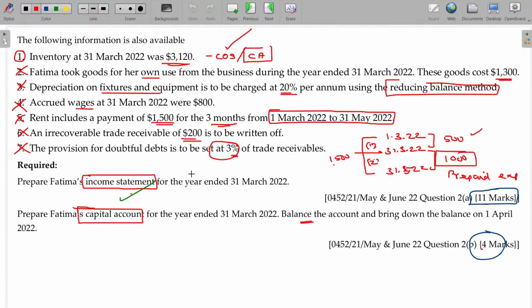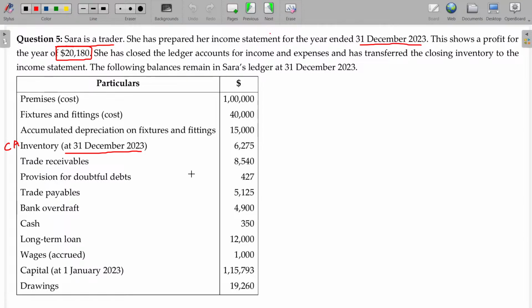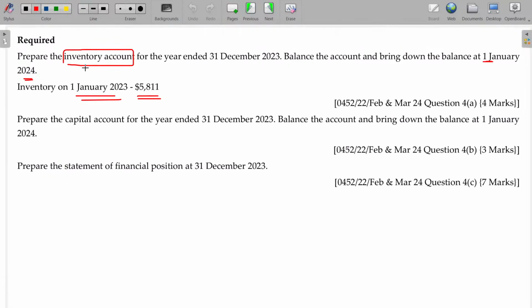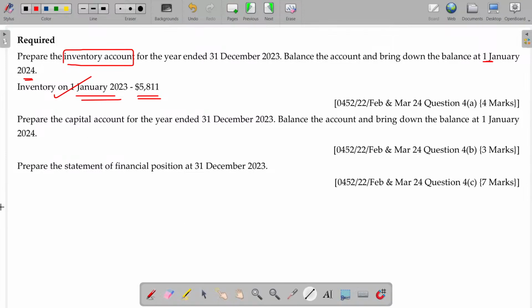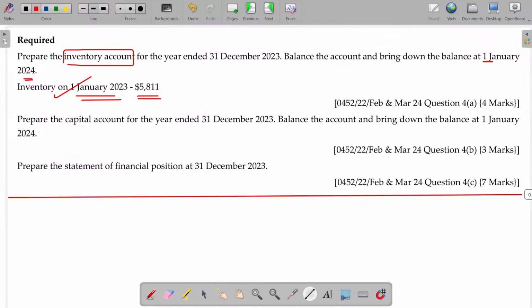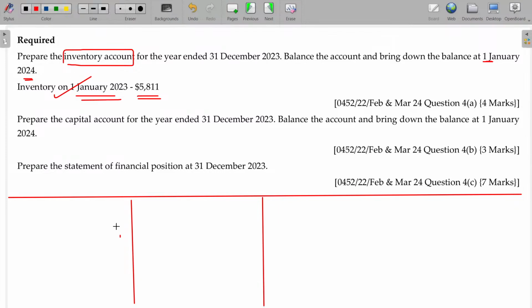Now, let's continue here. I am going to prepare the inventory account separately. Remember the format, it's a very simple format for inventory. Inventory account.